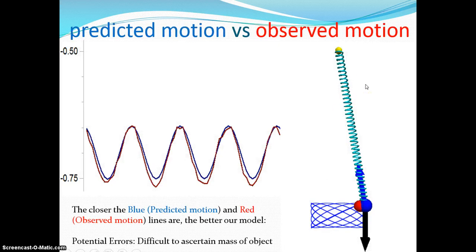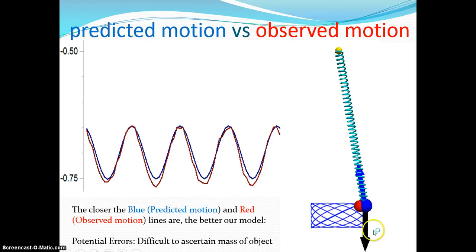So let's actually talk about our predicted motion versus our observed motion. In blue you have the predicted motion, and in red you have the observed motion. Notice that they're pretty close. However, we do have a little bit of error, and this is probably due to our difficulty to ascertain the mass of the object while it was oscillating. So if you notice, this is another look at the model given to us from VPython.